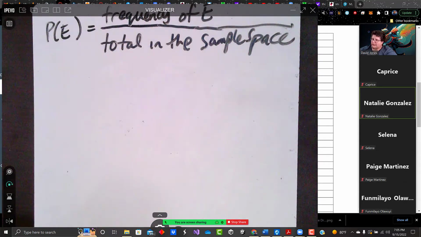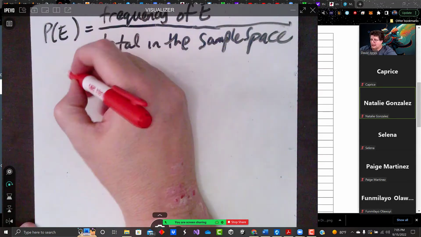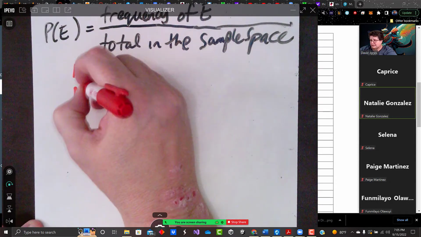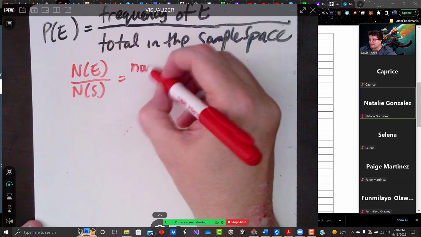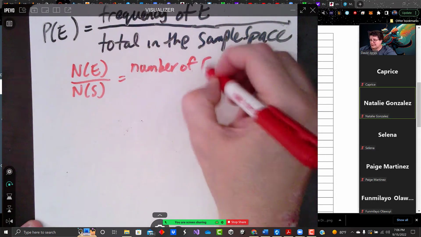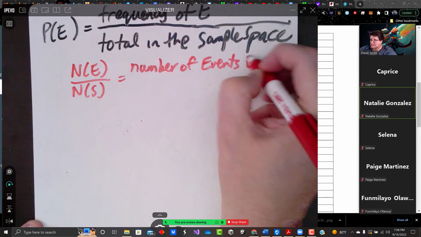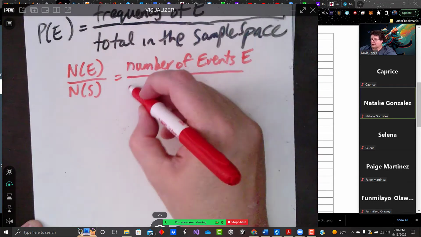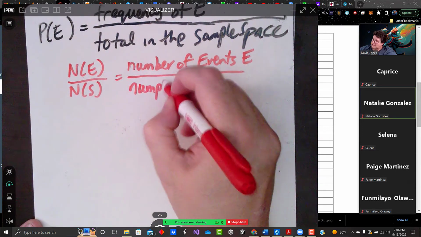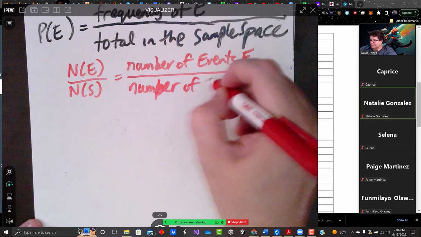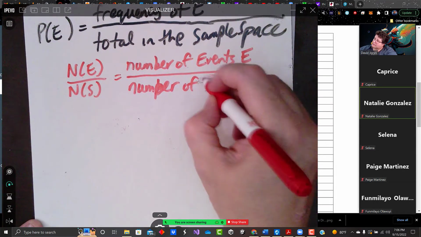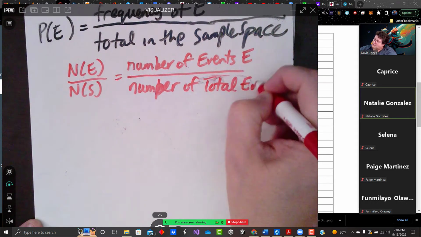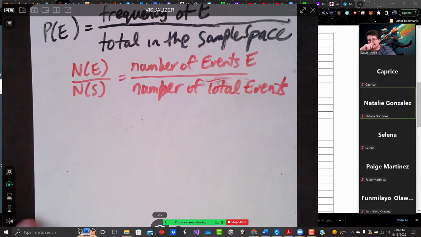One way they like to write it is n of E over n of S. N is for number here: number of events E over number of events in the space, or number of possible events. So the N of E and the N of S, they're really just talking about the number that's done.